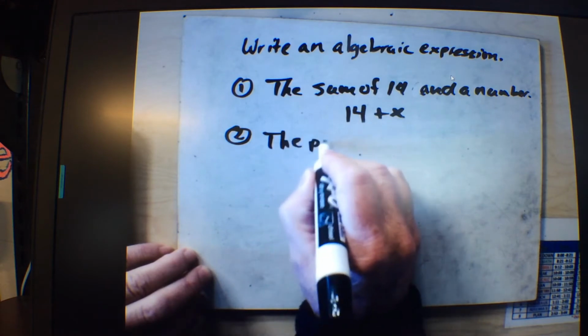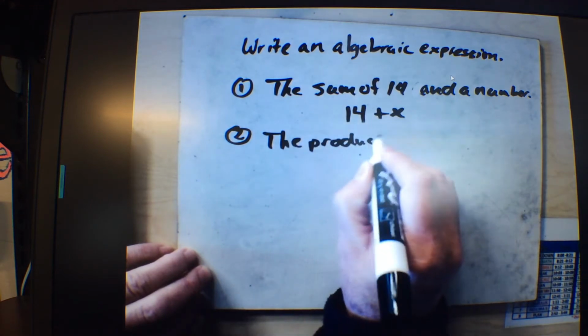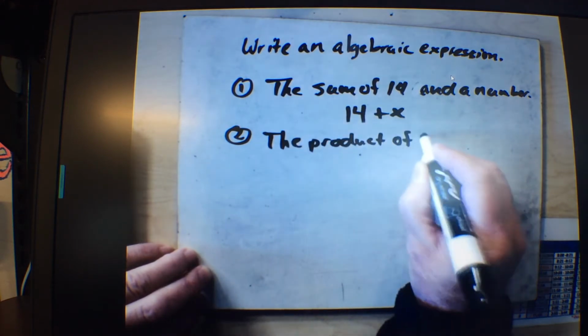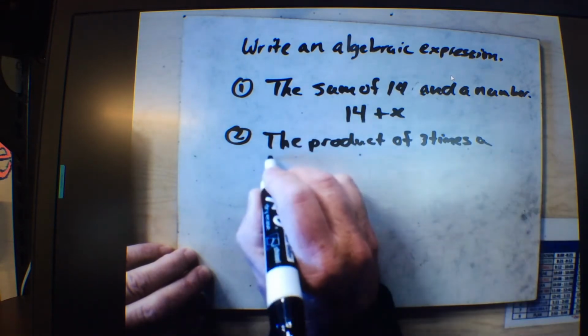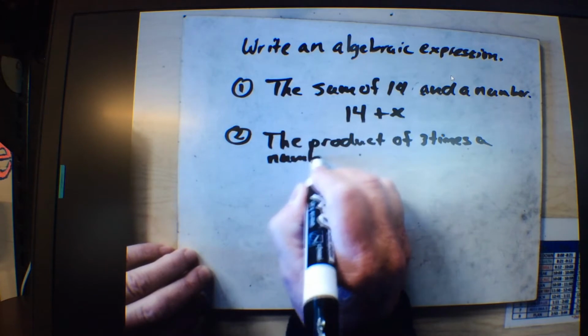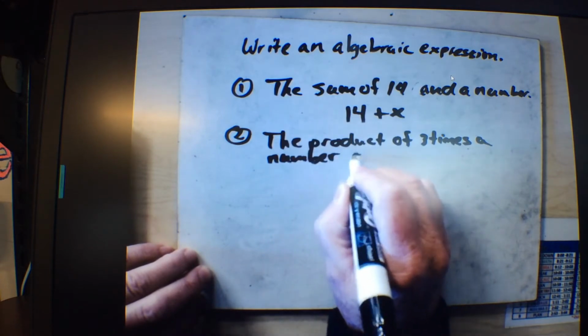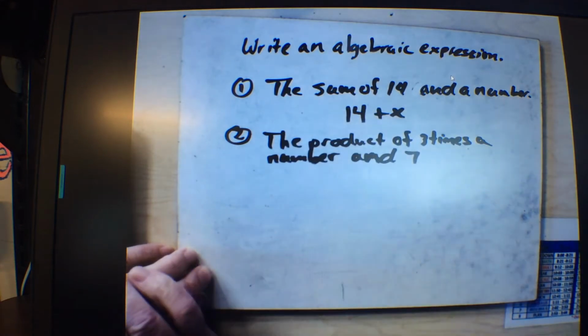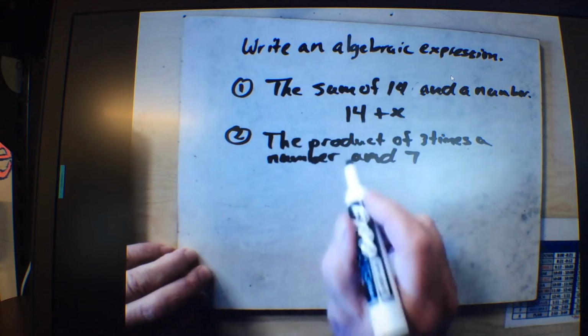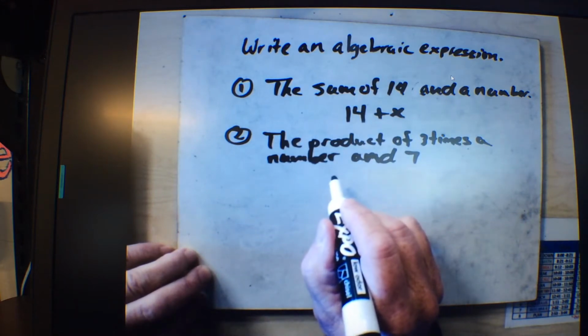All right. So now I'm going to say the product. Let's try that one. The product of 3 times a number and 7. Okay? How do I write the product of 3 times a number and 7? Allie? 3 times 7x.